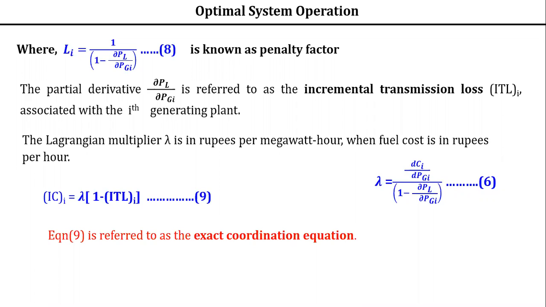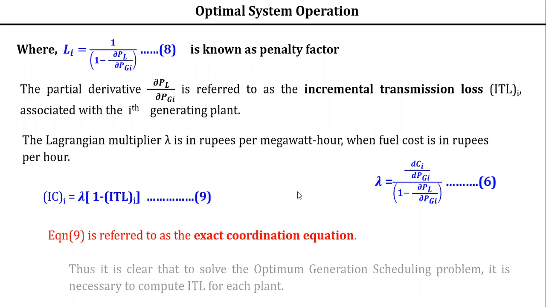Now let us continue in order to obtain further expressions. It is now clear that to solve the optimum generation scheduling problem, it is necessary to compute ITL. What is ITL? Incremental transmission loss, isn't it? So if you want the optimal generation schedule, you have to find out ITL, which is replaced with dou PL by dou PGi.